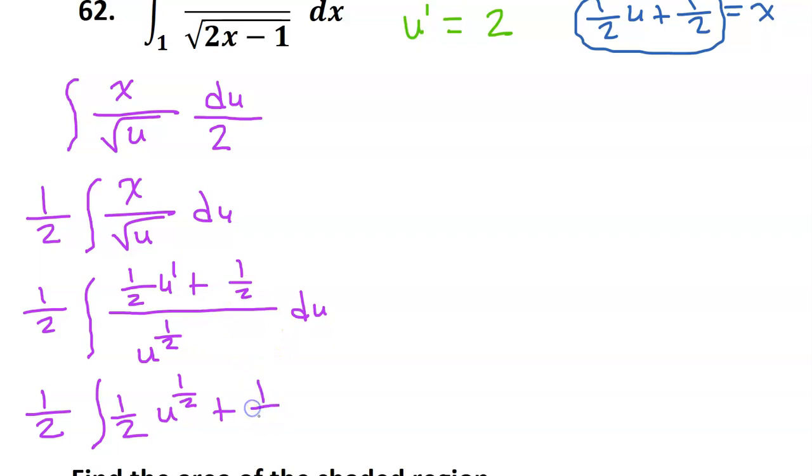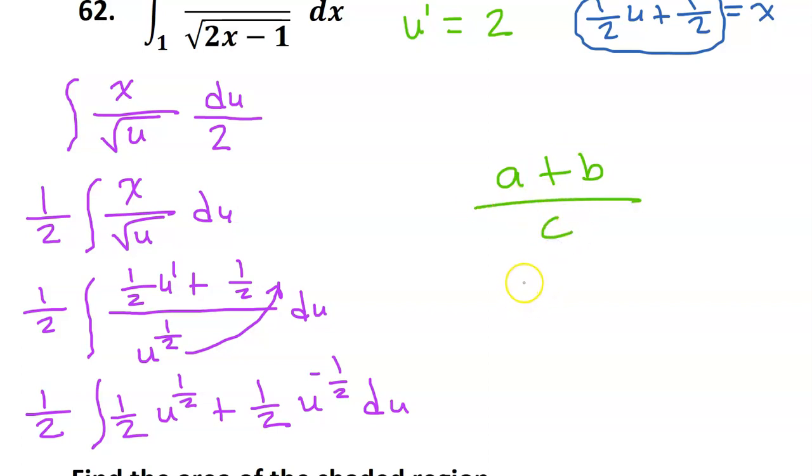This 1/2 is just going to come down, and this u to the 1/2 power is going to become u to the negative 1/2 power. Again, I'm using that property where if I have a plus b over c, I can rewrite this as a over c plus b over c. So that's what I just did.